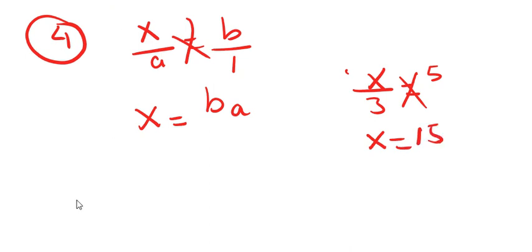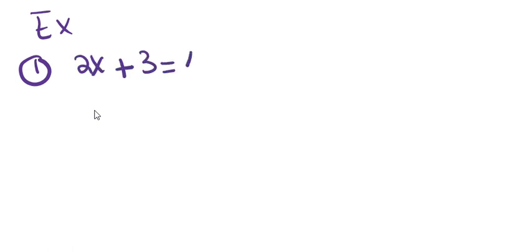Now let me give an example of several equations where we want to find the value of x. Exercise number 1: if you have 2x + 3 = 4 and you want to solve this equation for x.